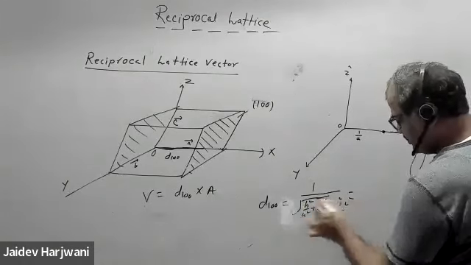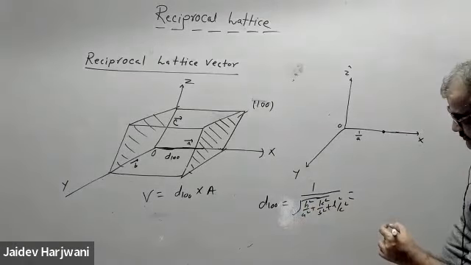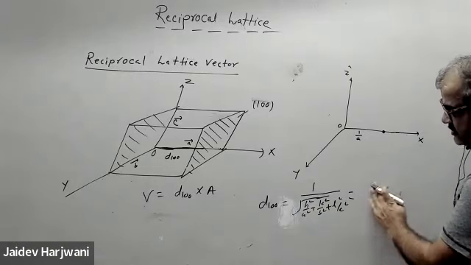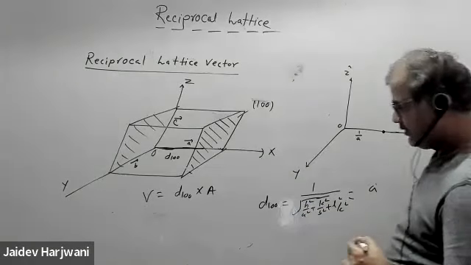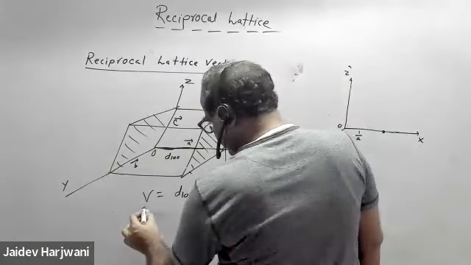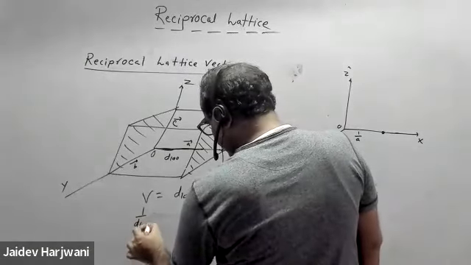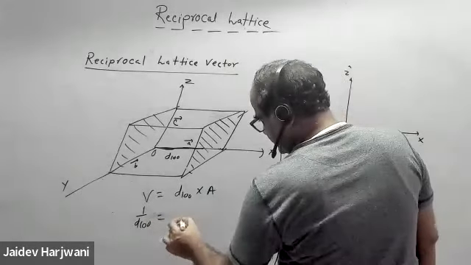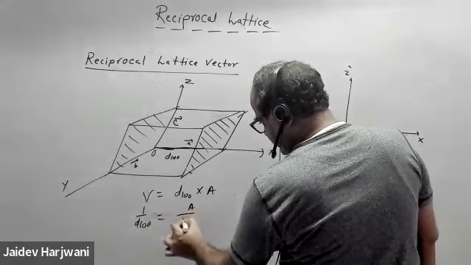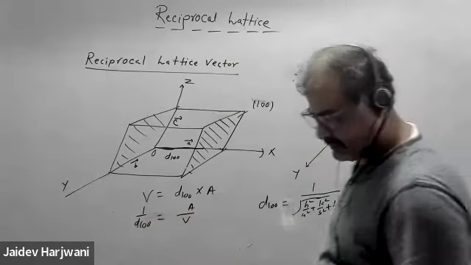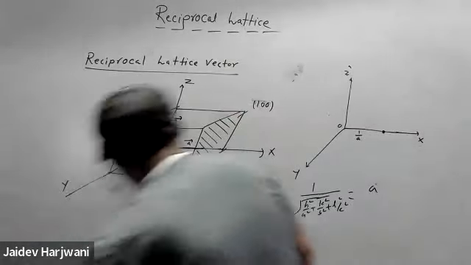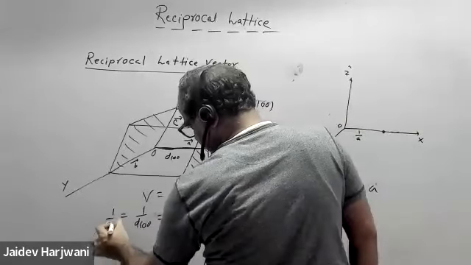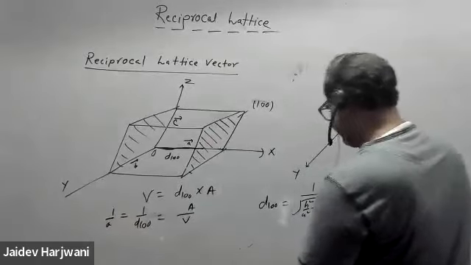If I put the 1 0 0 value here, this will give me 1 by a. So 1 by d100 is equal to area upon volume, and this is equal to 1 by a.